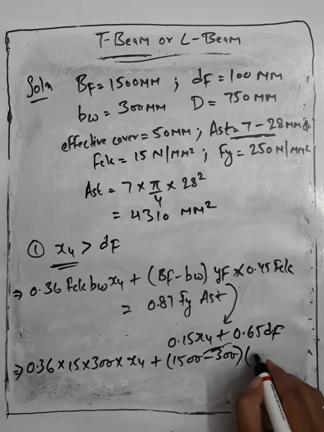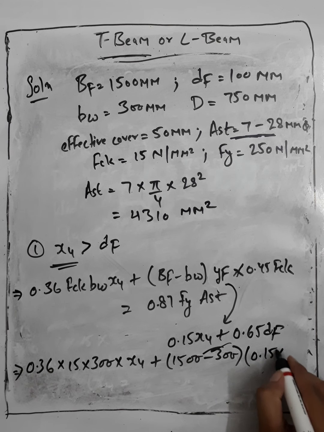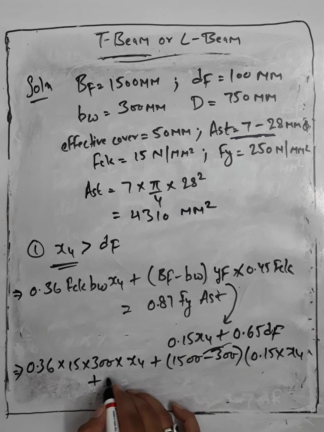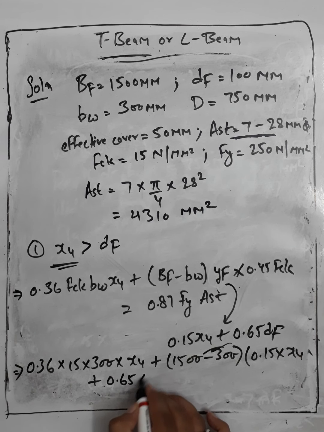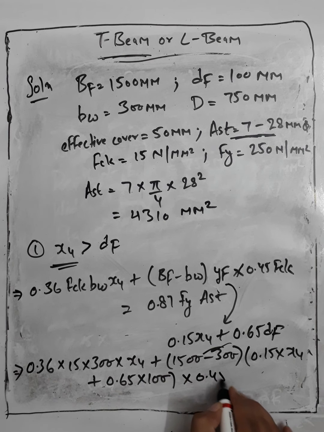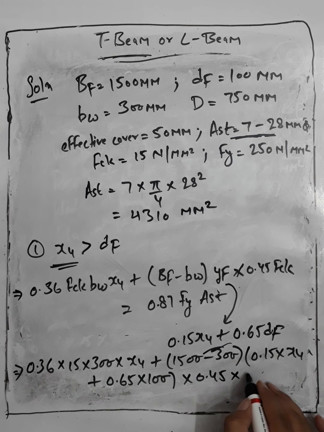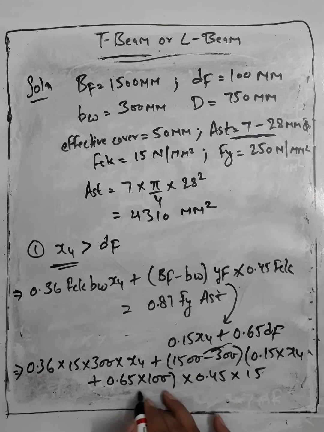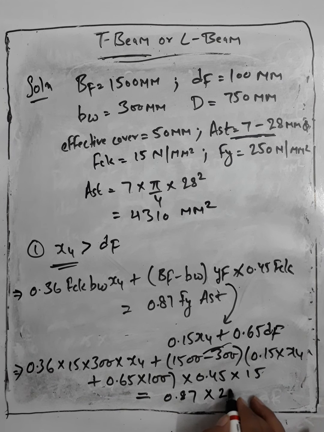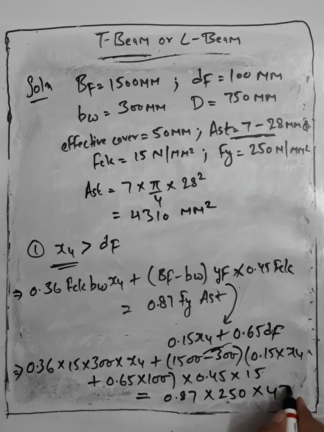So Yf is equal to 0.15 into Xu plus 0.65 into 100, into 0.45 into 15, is equal to 0.87 into 250 into 4310. This is the value which we put in our equation.